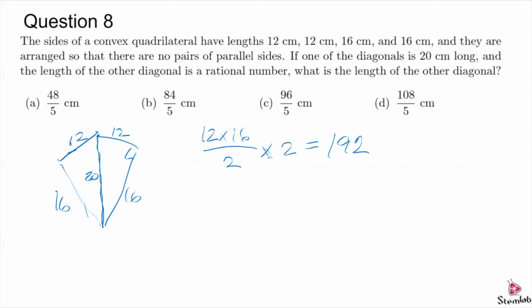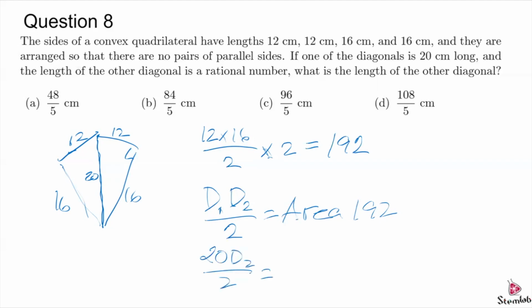So D1, diagonal 1, times diagonal 2 over 2 is another way to express the area, which we know is 192. So therefore, 20 D2 over 2, which is 10 D2, is equal to 192, or D2 is 96 over 5, or C.